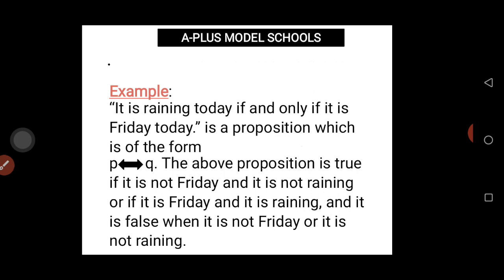If it is raining today and today is Friday, then that will be true. If it is not raining and today is not Friday, it will also be true. But if today is not Friday and it is raining, it is false. And also, if it is raining and today is not Friday, then it is false. Why? Because the two statements are not of the same kind.